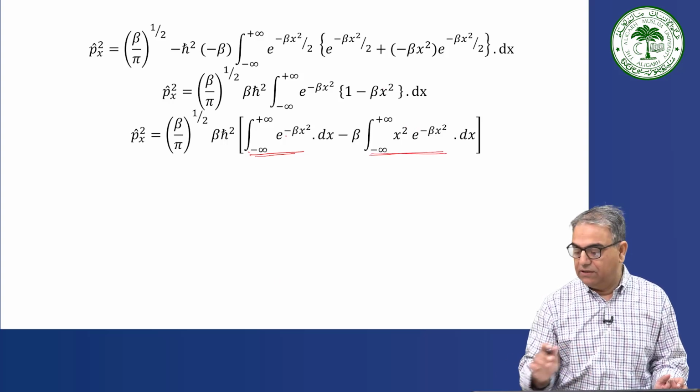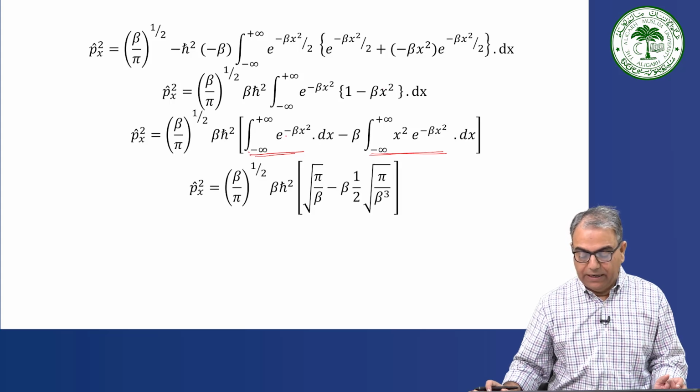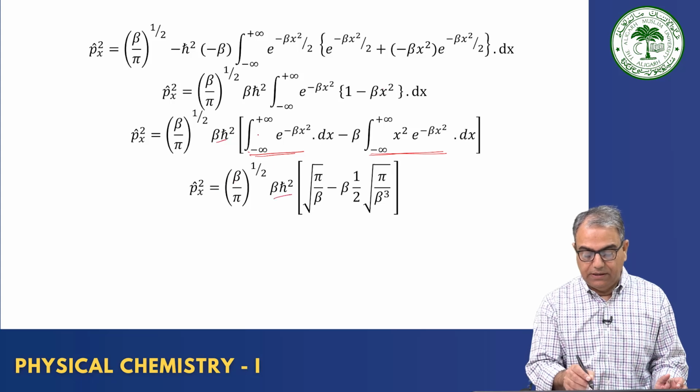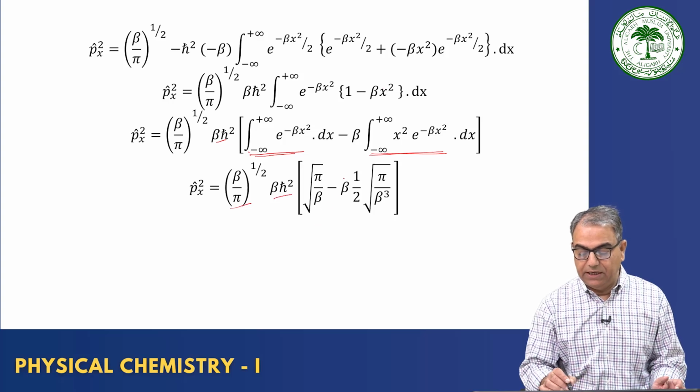Okay, and this integral also we have done somewhere, and so this comes out to be beta divided by pi raised to this. All this, the terms before the integration, remain the same, and then this integral is root pi divided by beta, then beta, and this will be 1 by 2 root under pi divided by beta raised to the power whole cube.